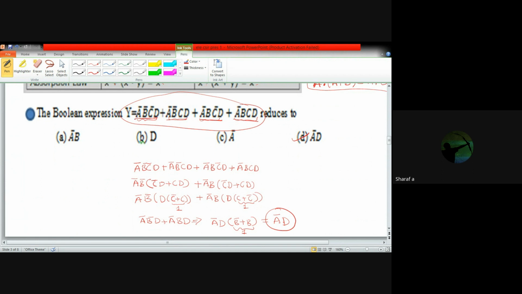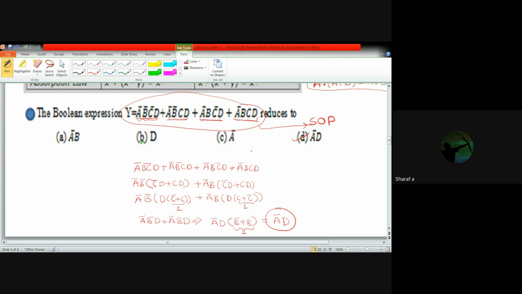So these product terms are added here, and this kind of expression we call sum of products, which is SOP. SOP means sum of products. You are adding different product terms, then it is called a sum of products. So this is one way of writing the expression.